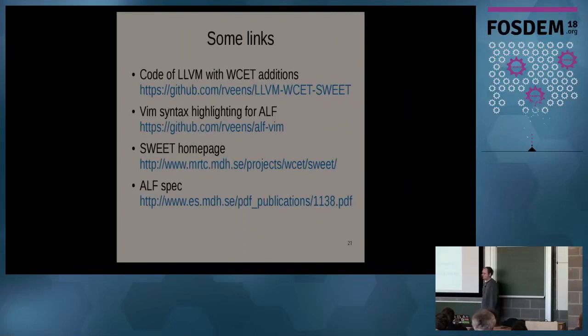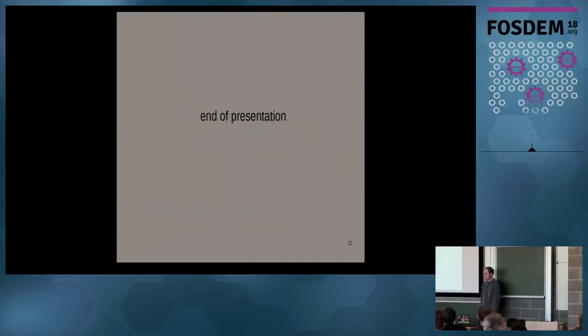There are only 25 users. I don't think the tool is that well known anyway. The Suite homepage is hard to find, because if you just Google Suite, you don't get to this tool, because of other meanings. And there's the specification document of the ALF language. So yeah, that's it. Thanks for listening.